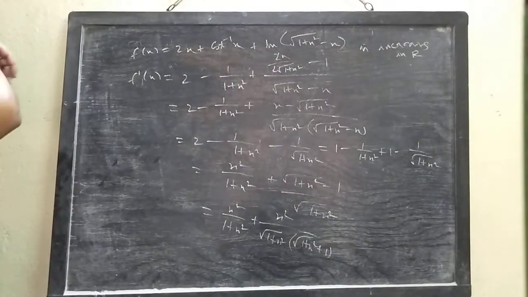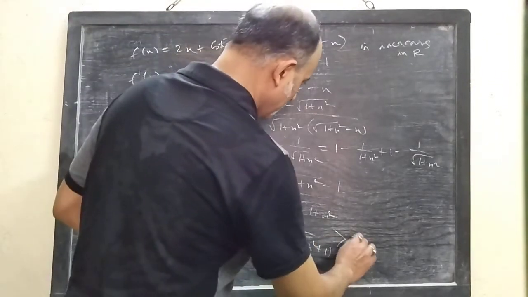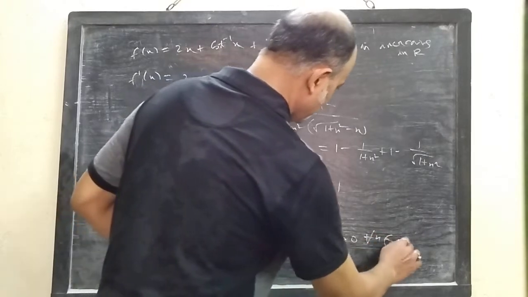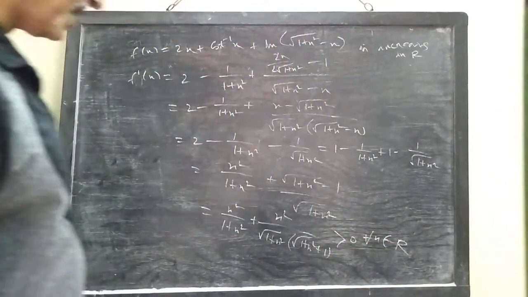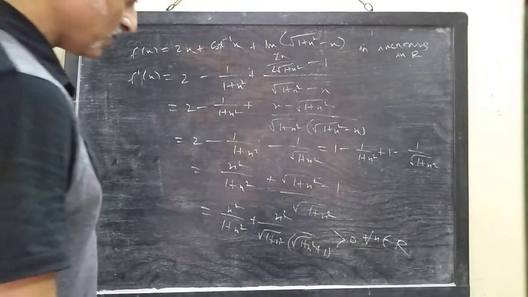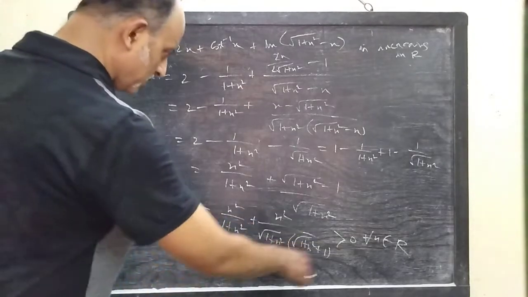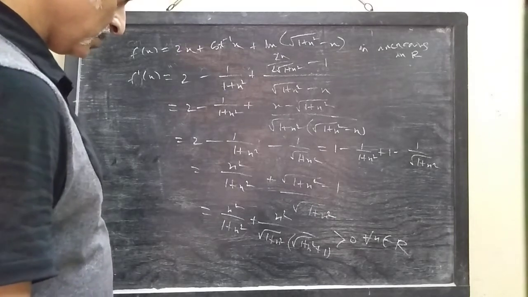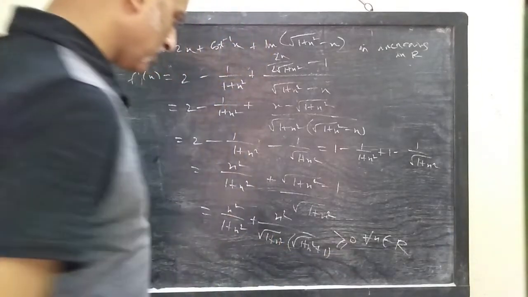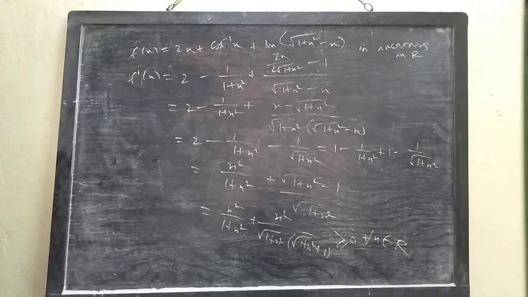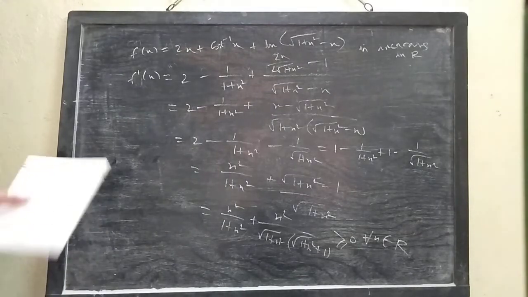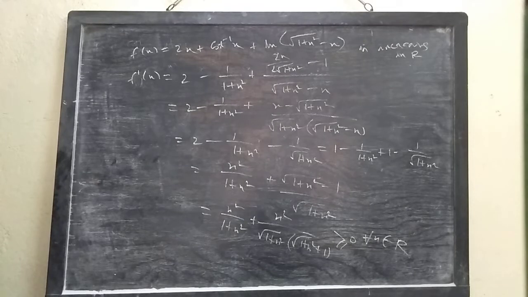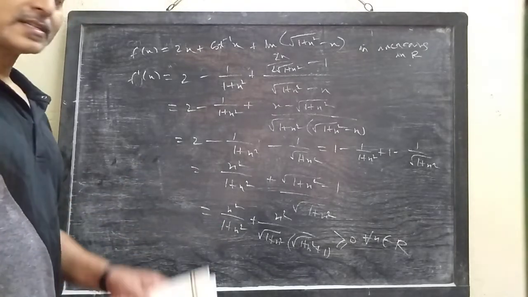Now, from this step, you can say this is greater than 0 for all x belongs to R. Because x may be any real number, for any real value of x, this is positive and also this is positive, right? Greater equals 0, you can say. And that is sufficient to say f(x) is increasing in R. As we find f dash is greater equals 0 in R, so we can conclude that f(x) is increasing in R. Okay?